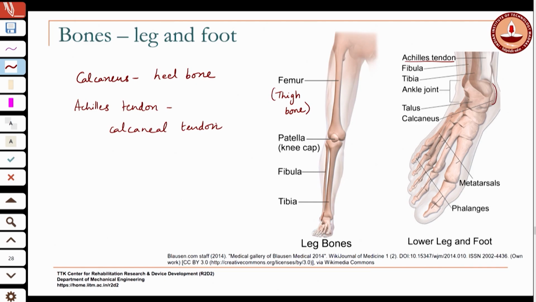Just as the tendon that attaches to the patella is called the patellar tendon. Okay. So, you have the patellar tendon, which is the tendon that attaches from the muscles of the thigh to the patella.